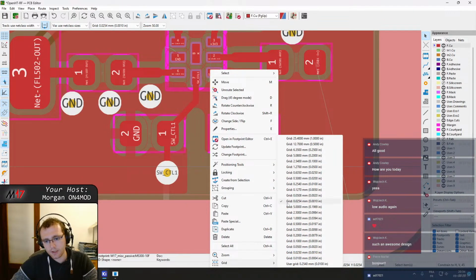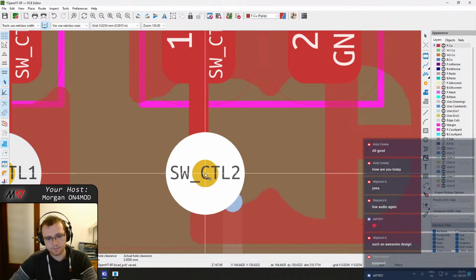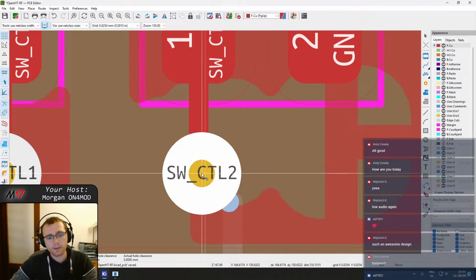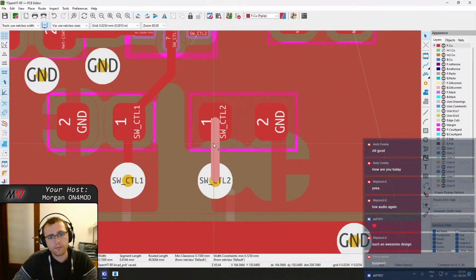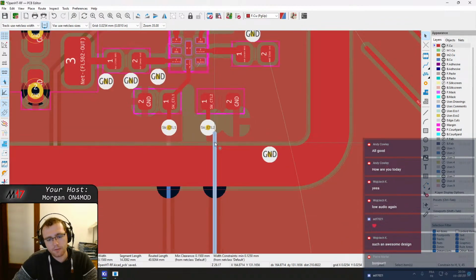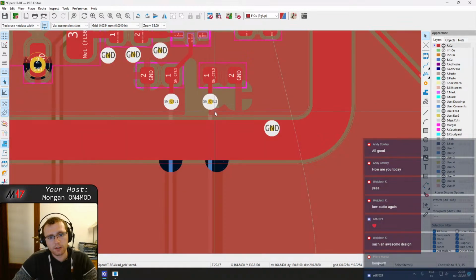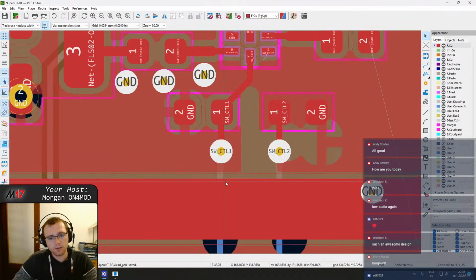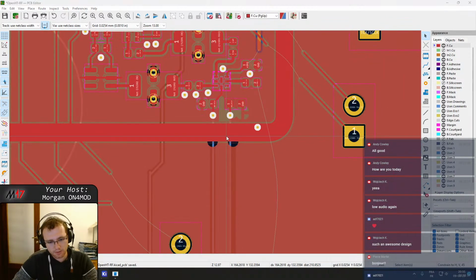Which grid do I have? Oh, the thinnest, the smallest one. Okay. Great.